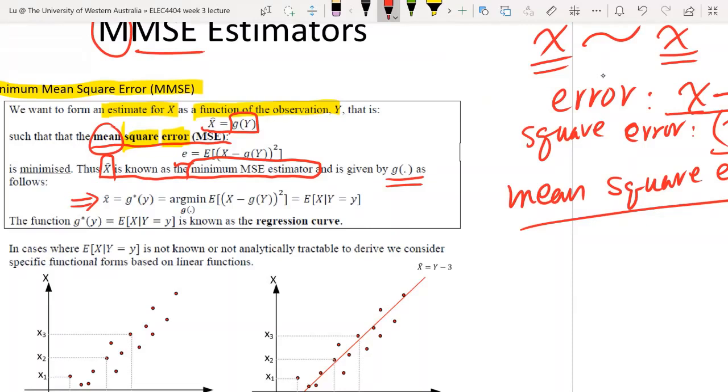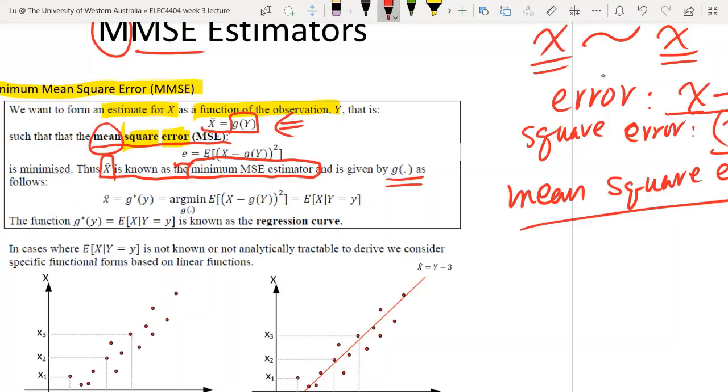So in other words, once you get this function G of y ready, so this estimator is ready, and then we can observe one value from the outcome random variable of the system. So y is known. So we put this y into this function, and the corresponding function value is the estimation value based on this given observation. Okay, that is just what happened here.